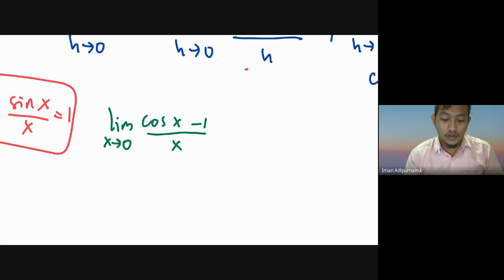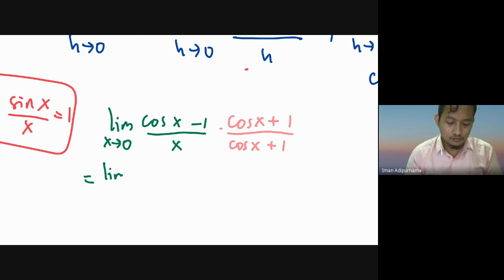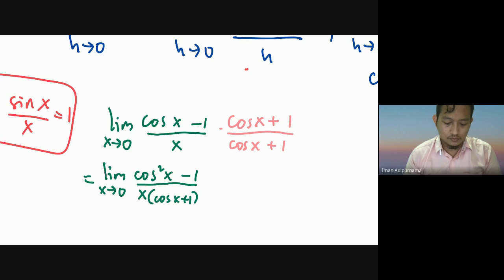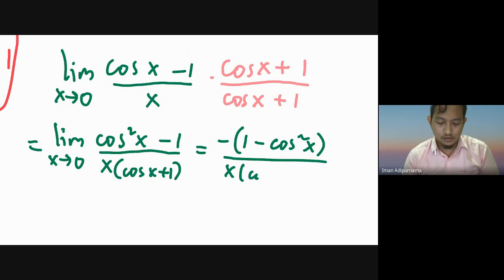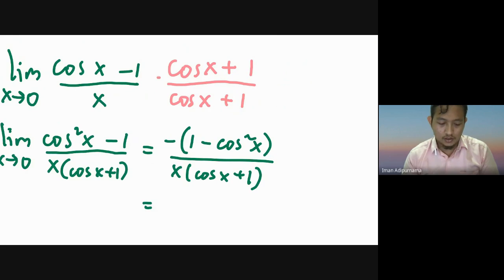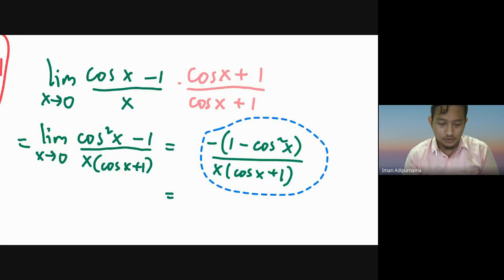We start by rationalizing with cos x plus 1 over cos x plus 1, and hopefully we can get some squared term and then simplify.